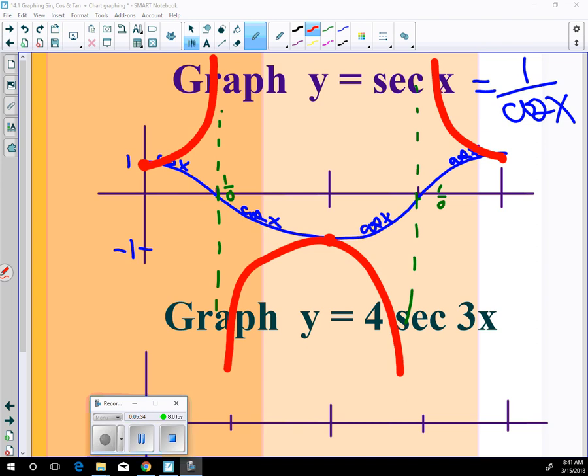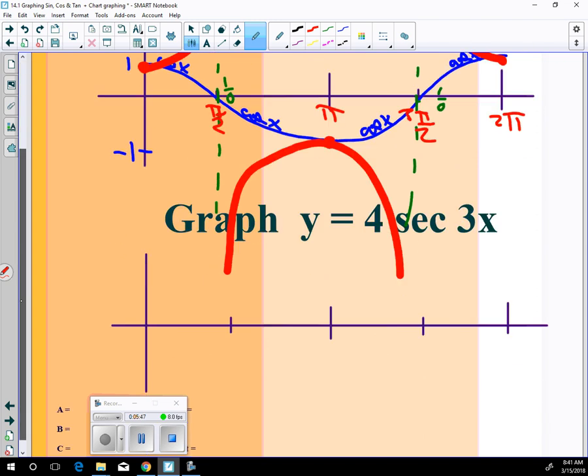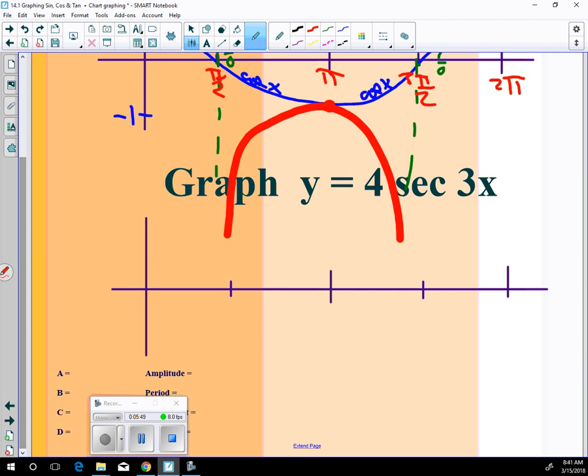It never quite gets there, but it gets pretty close. And so we can fill these in. This is pi, pi over 2, 3 pi over 2, and 2 pi. So how hard do you think it's going to be to graph y equals 4 secant 3x?